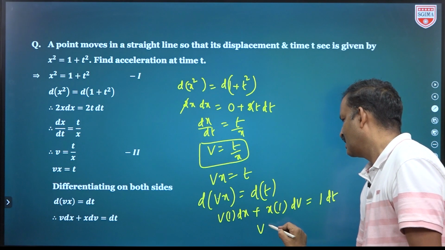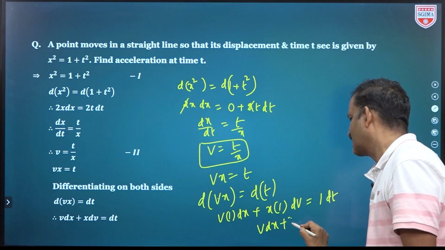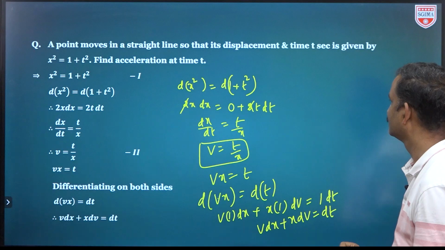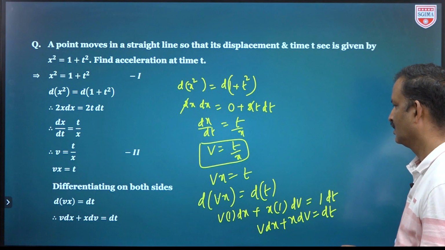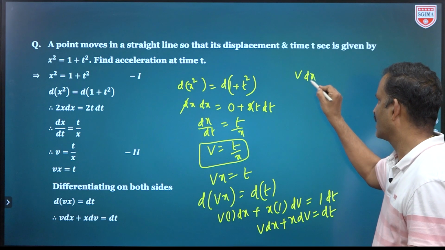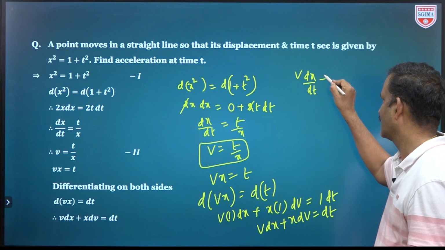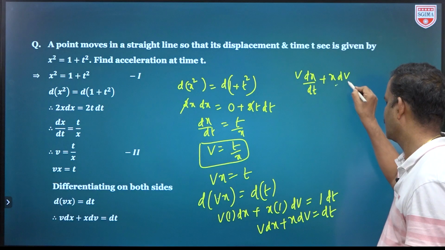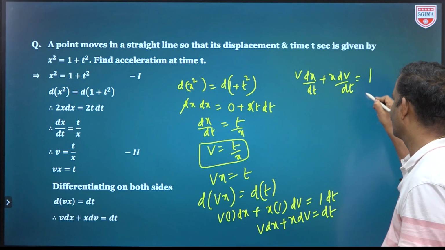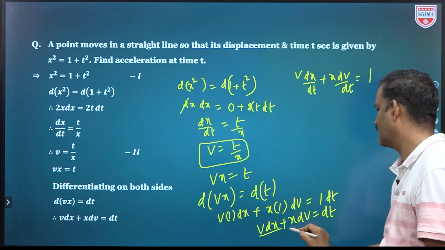So, v dx plus x dv is dt. Now I am dividing with dt, I will get 1.